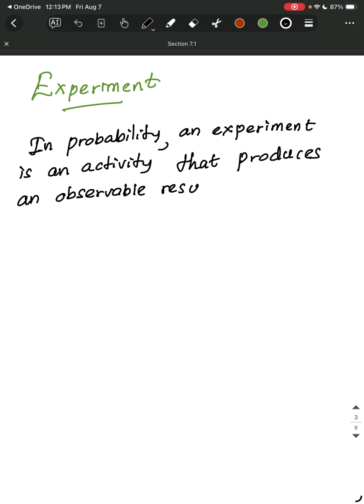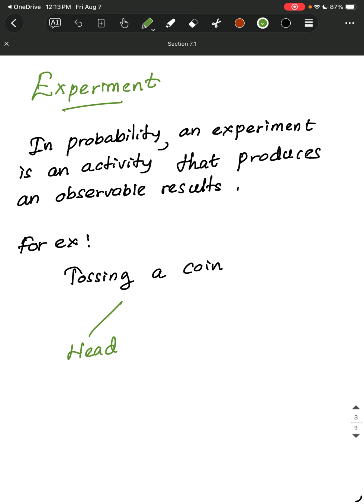For example, think about tossing a coin. If I toss a coin, I know the possible results, head or tail. I know the possible results, but I don't know which one will occur before I toss it.